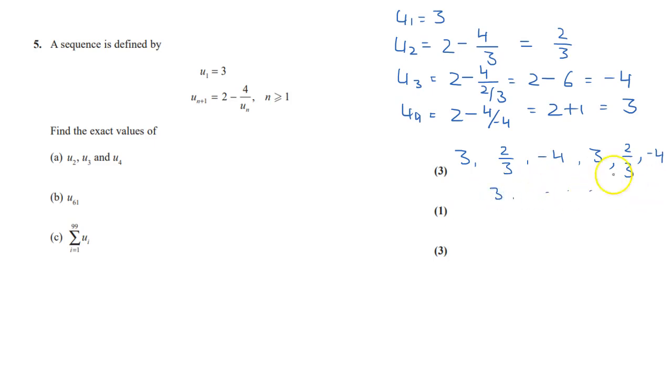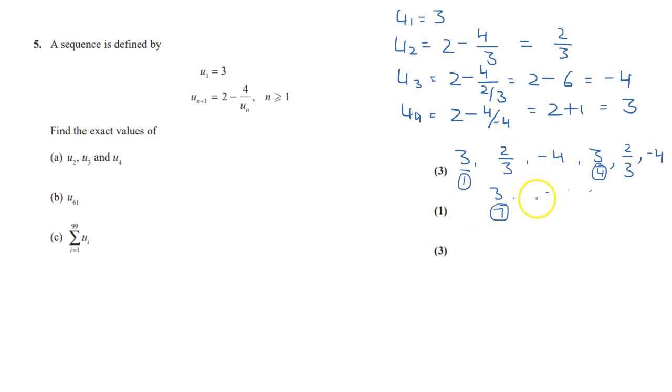So it keeps on repeating. First is 3, fourth is 3, seventh is 3.